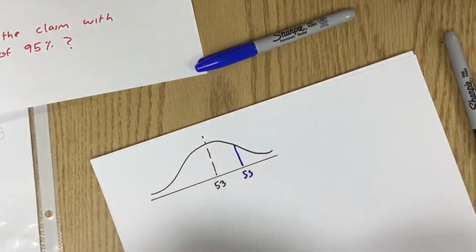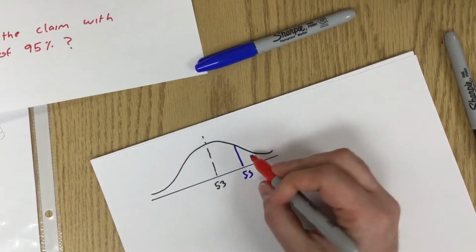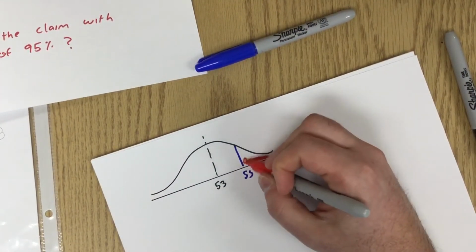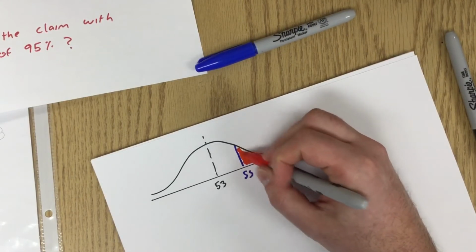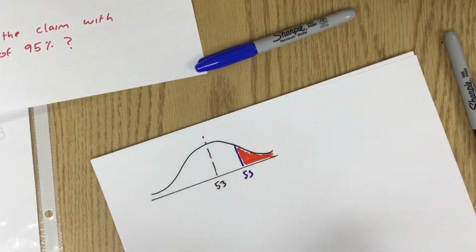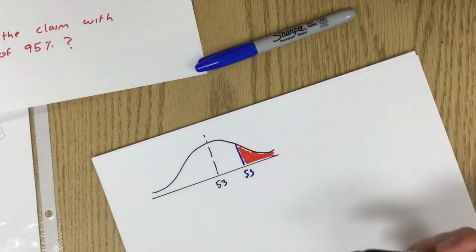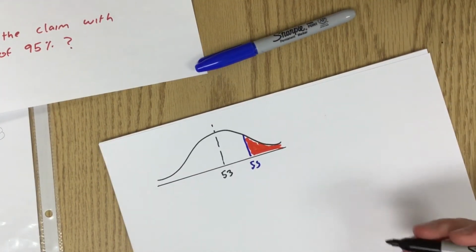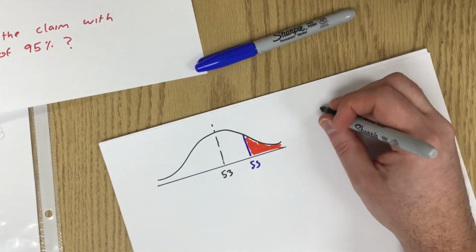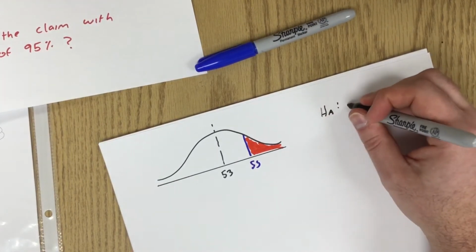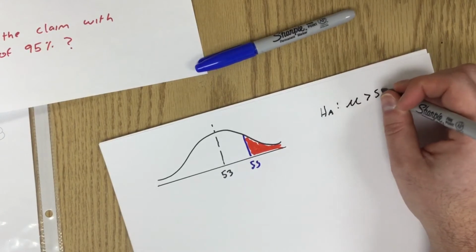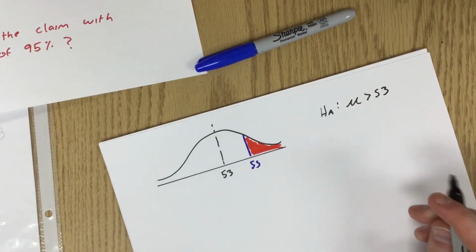So we're going to be looking into finding this probability over here. This is the tail probability now. We suspect the alternative hypothesis is that the mean is going to be something bigger than 53. We're not sure what it is, but we think it's going to be that.